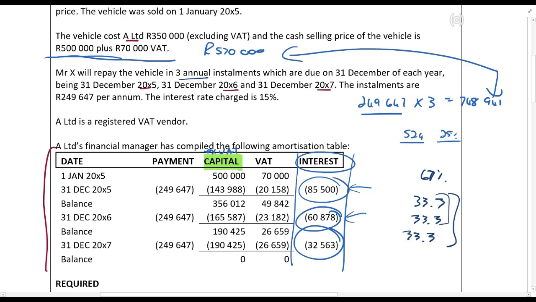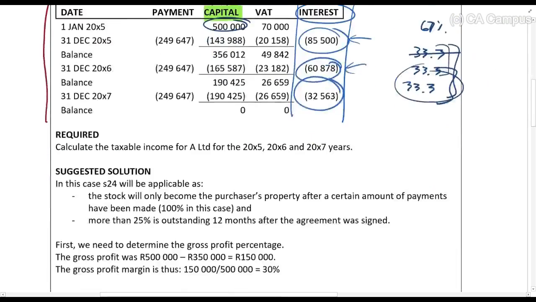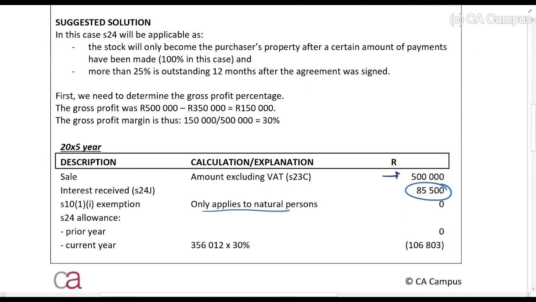So the first one will be done, and there's 66.7, 67% left. So section 24 will apply. What does section 24 say? The amount that you sold it for, the 500,000 rands, must be included in full.